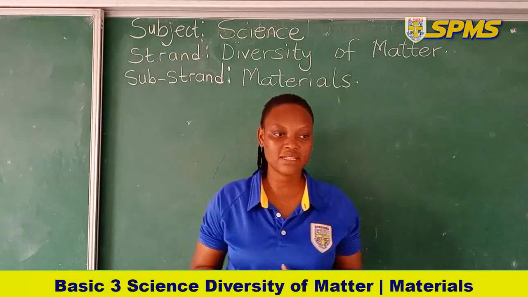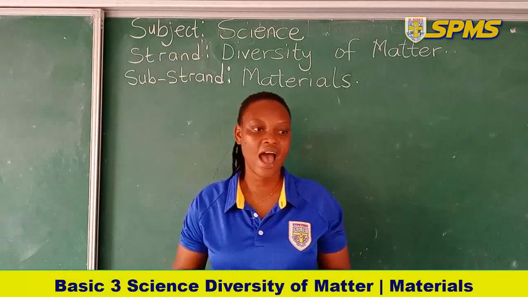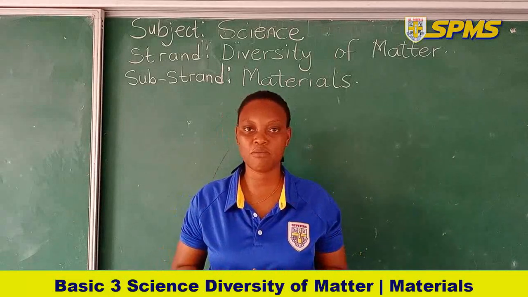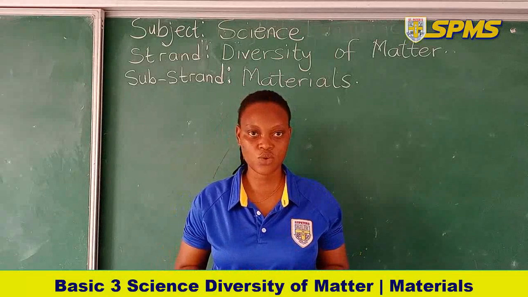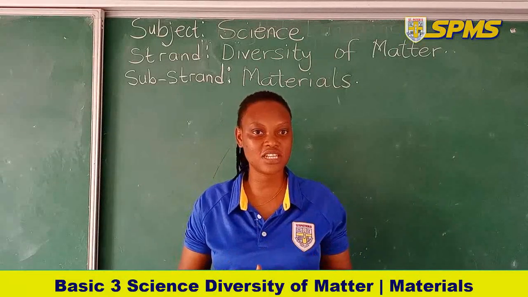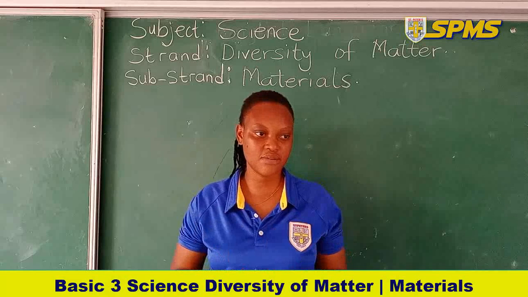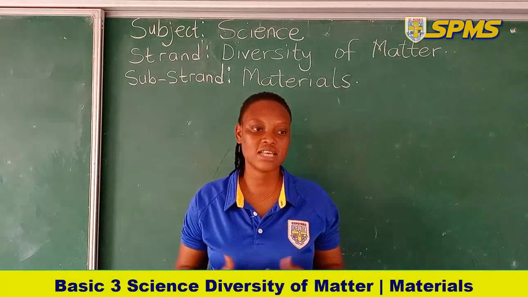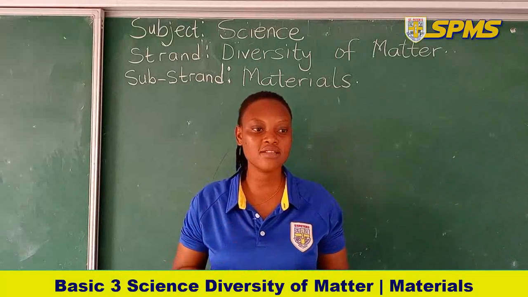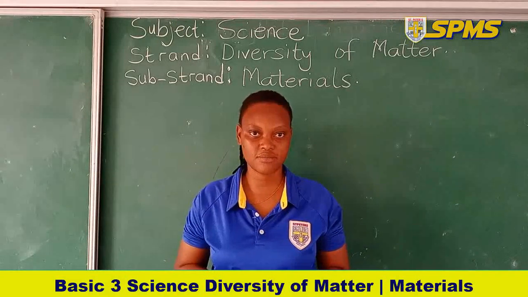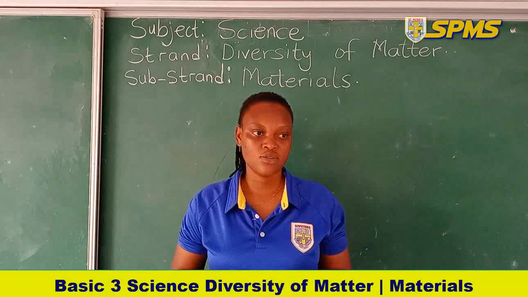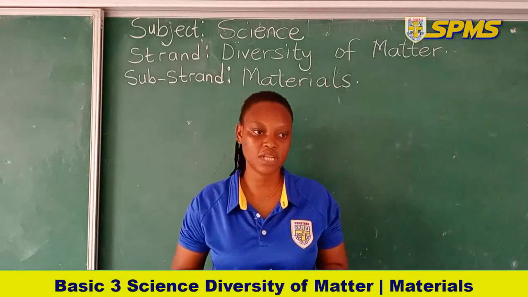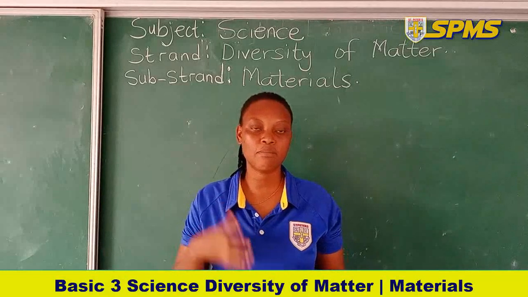So the everyday materials around us have some properties which make them different from each other. Yes, so it's the property that differentiates these materials. Therefore, the type of material used for a certain product depends on its property.